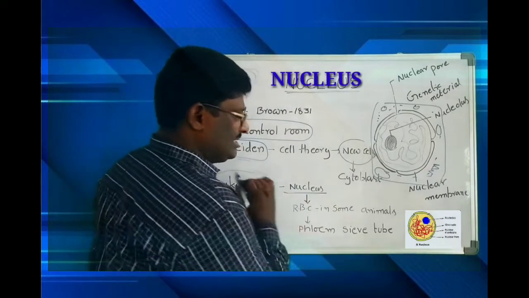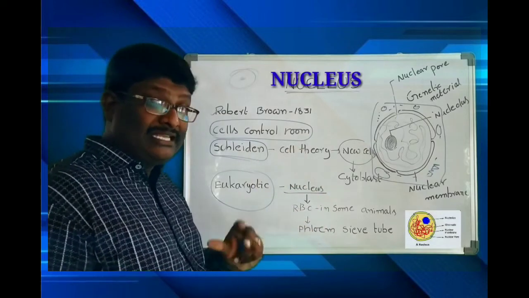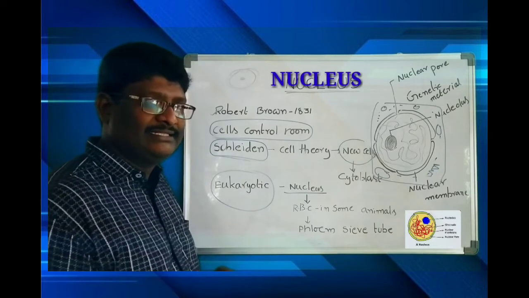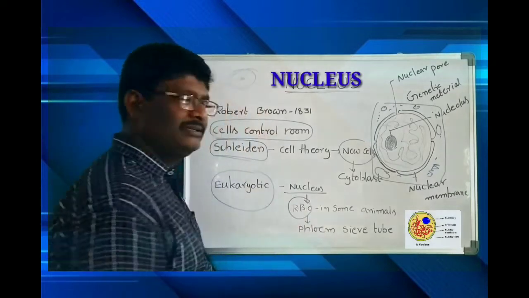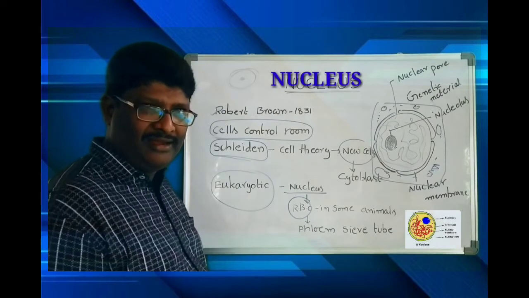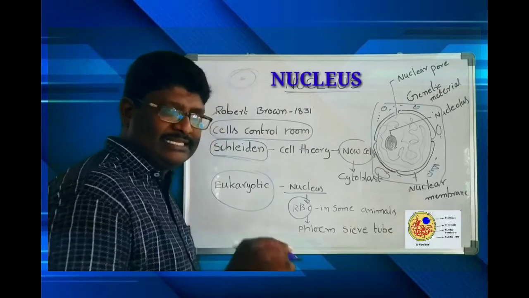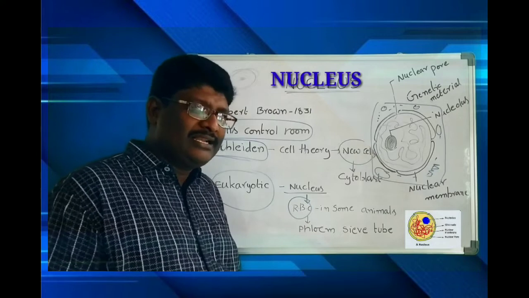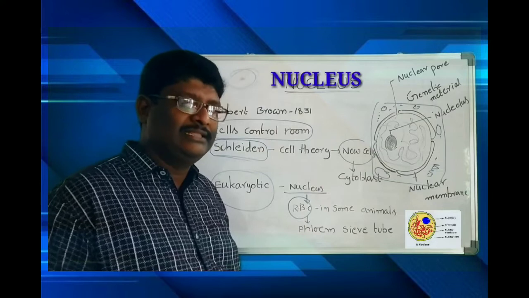But although eukaryotes have a nucleus, some animals do not have a nucleus in their cells. Best example, the red blood cells of camel and llama may not have a nucleus. Also some plants do not have a nucleus in their cells.